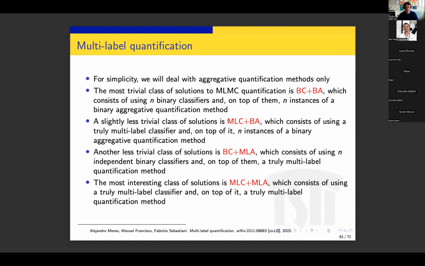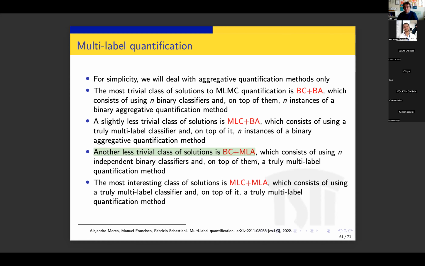Let's look at another less trivial class of solutions. This is what we call BC plus MLA, binary classification plus multi-label aggregation. Here we take n independent binary classifiers, but on top of them you try to build a truly multi-label quantification method, a method that exploits the stochastic correlations between the classes at the aggregation level.